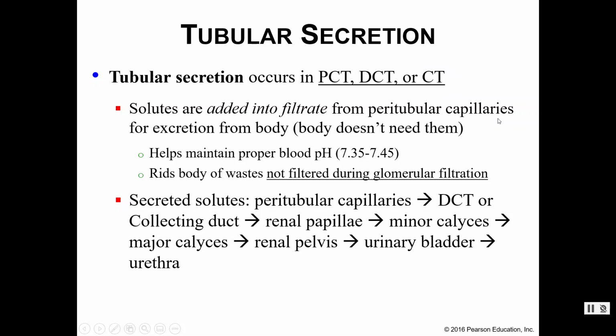So everything we had been talking about with reabsorption, we were taking things from the filtrate and putting them into the peritubular capillaries. Now we're taking things from the peritubular capillaries and putting them into the filtrate because we want to get rid of them. Your body doesn't need them. This also helps maintain blood pH, and it helps get rid of wastes that were not filtered during glomerular filtration.